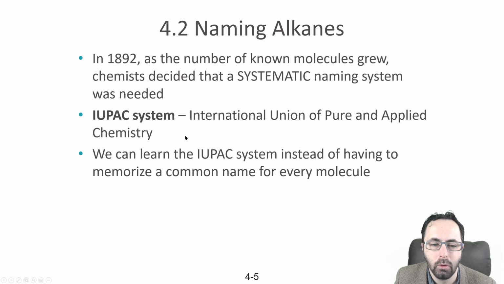They're responsible for deciding mainly nomenclature and also things like updating the information that is relevant to the most modern periodic tables, among other duties. But their primary mandate is for naming. That's what they do. So we're going to learn the IUPAC system because we can't reasonably memorize a bunch of common names. It's not something we really want to do.